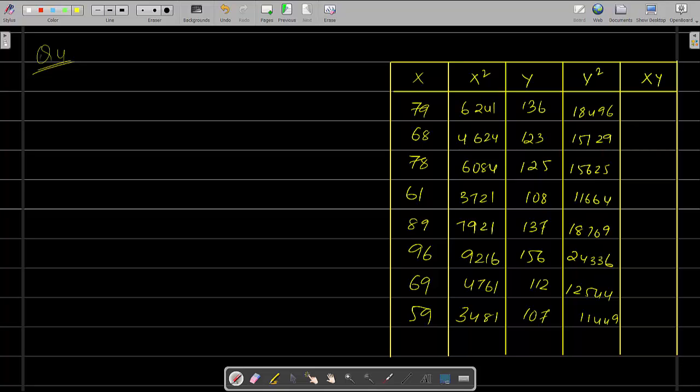Okay, so x and y. So 79 into 136. You should get 10744.